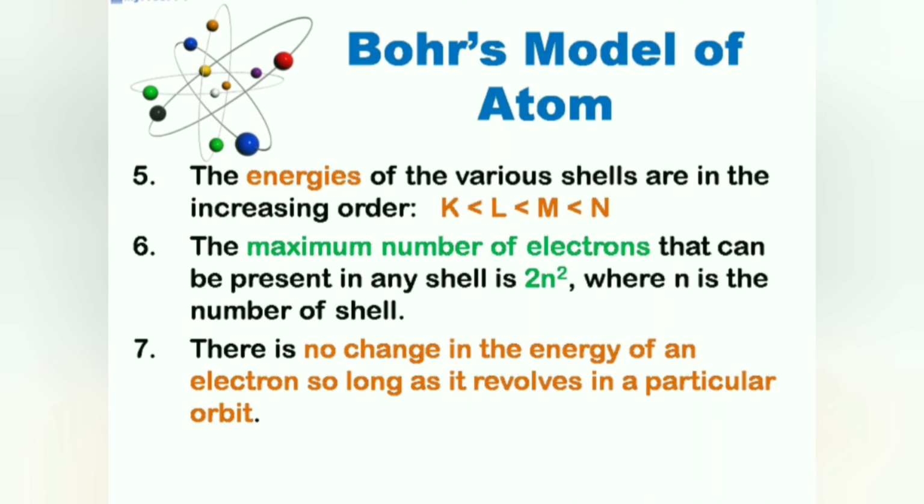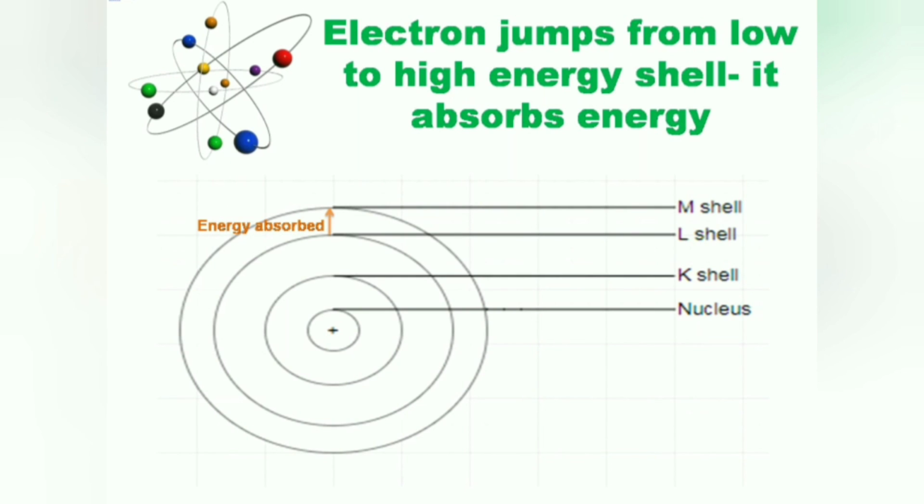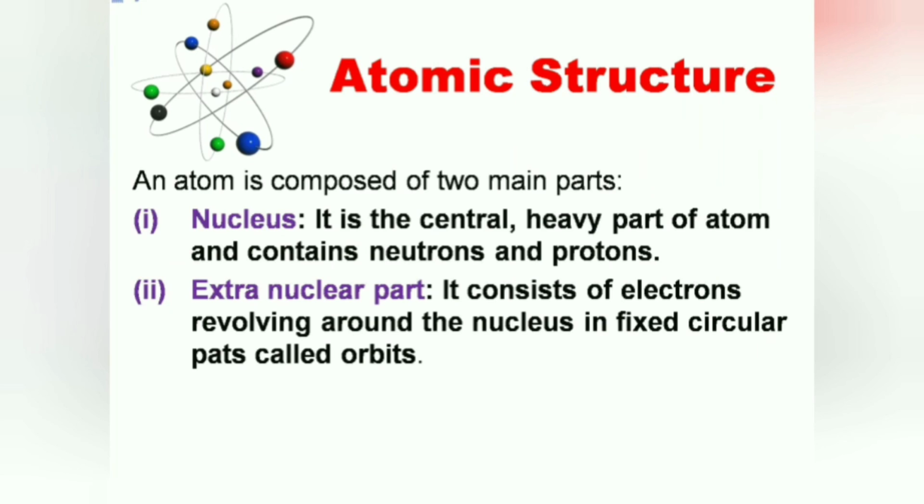For example, we know that M shell has higher energy than L shell. So if an electron jumps from M to L shell, then it releases energy. And if it jumps from L to M shell, then it gains energy. So now it is clear that an atom is made up of two main parts, that is nucleus and extranuclear part.